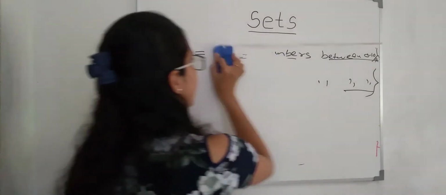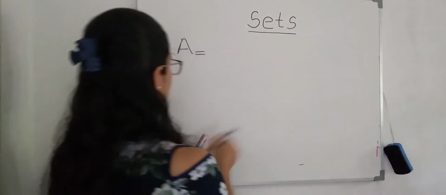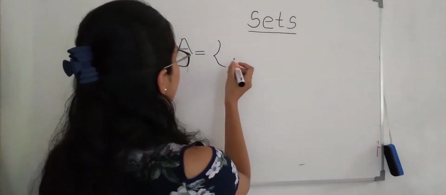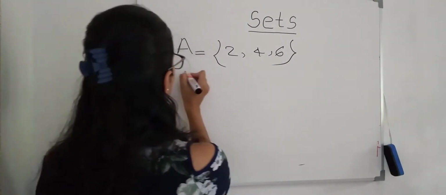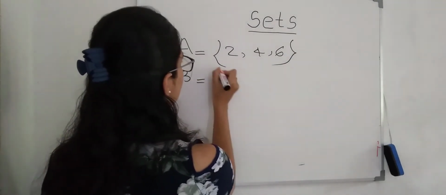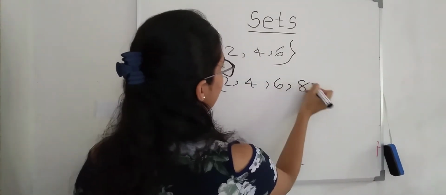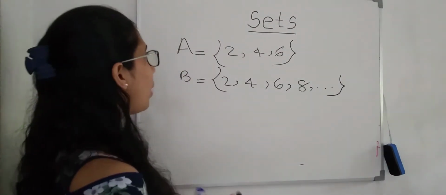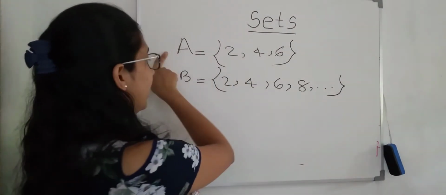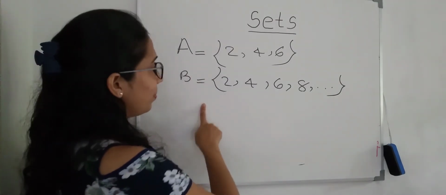The set A shows these elements: 2, 4 and 6. And the set B shows 2, 4, 6, 8 and many more elements. Now you are asked, is set A a subset of set B?